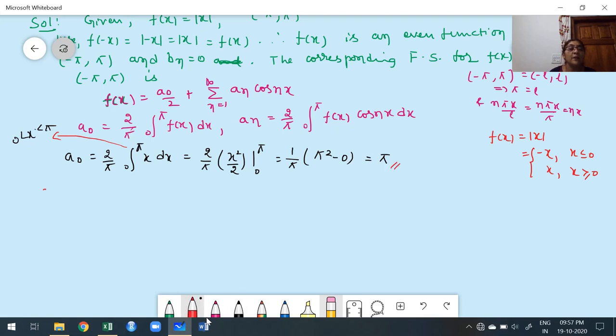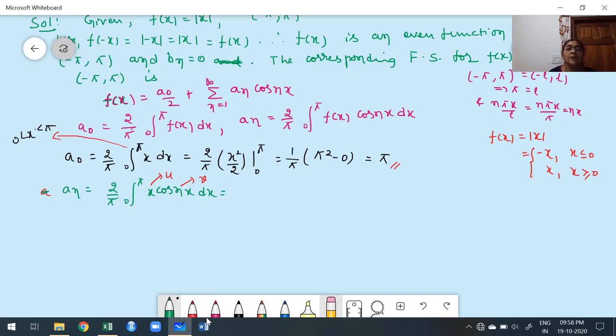Next I have to find an. An is nothing but 2 by pi integral 0 to pi x cos nx. Which rule do I go for? UV rule, or quotient rule; you are already familiar with that. X is my u function. Why? After the first derivative, x is 0.